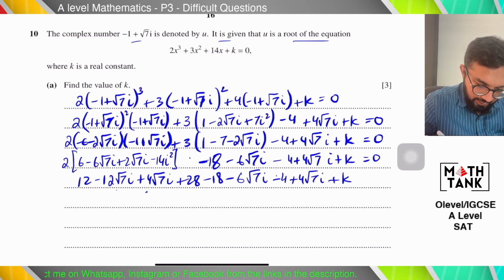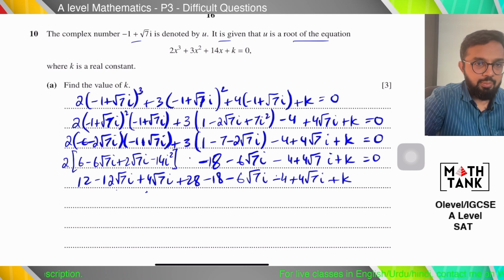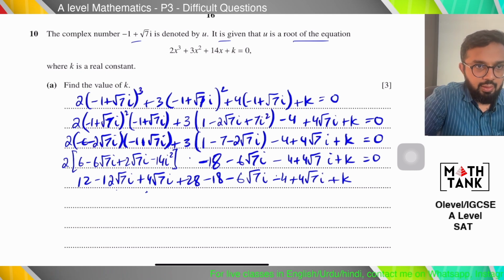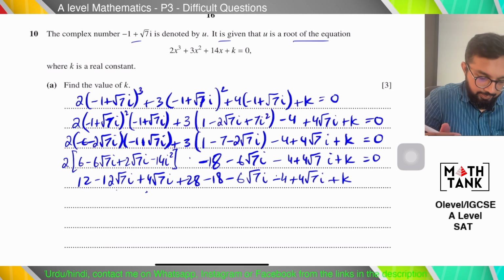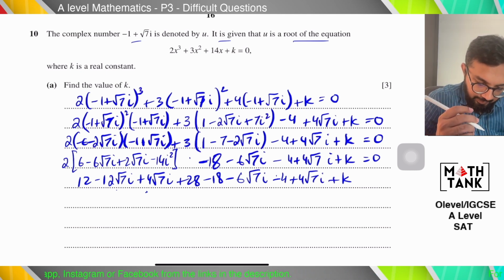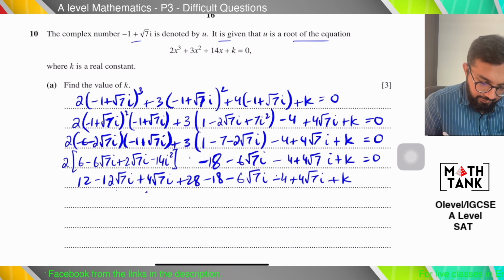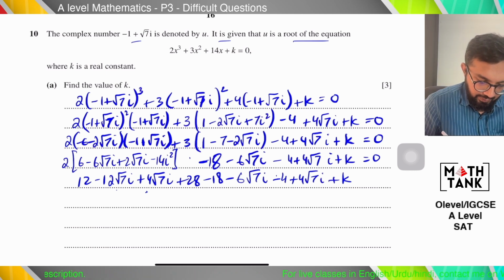Let's quickly figure that out. 6 minus 6 plus 2 root 7. Okay, let's check from the marking scheme if we have done this correctly. This k equals minus 8. I have 40 and 4 root 7 minus 4 root 7i.